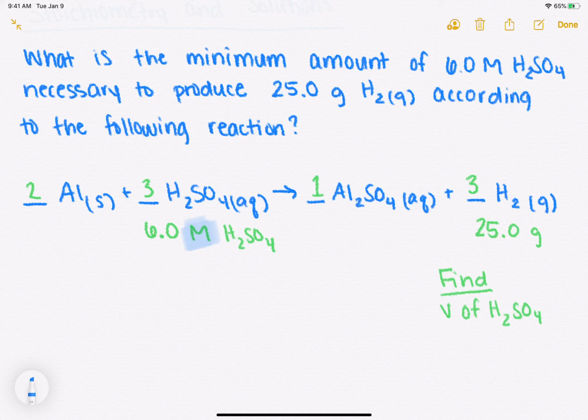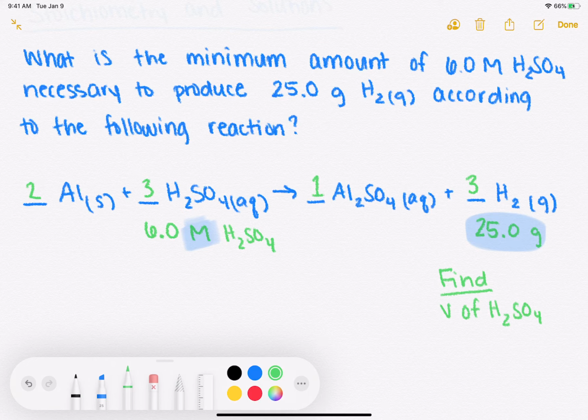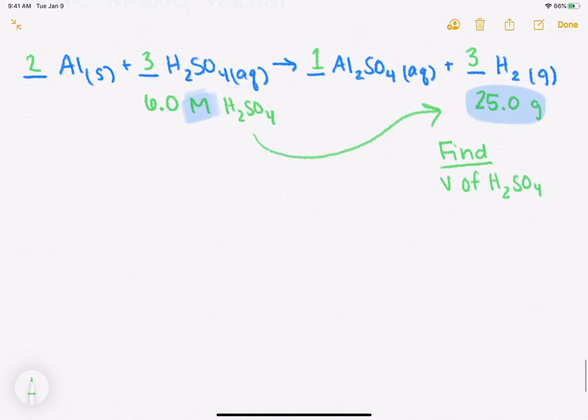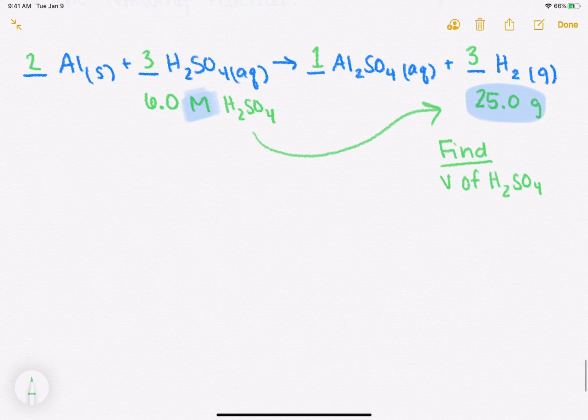So somehow we have to get from this 25 grams of H2 and figure out how we can get to that from this H2SO4. So what we're going to do is work backwards and do dimensional analysis. So we're going to start with 25.0 grams of H2.